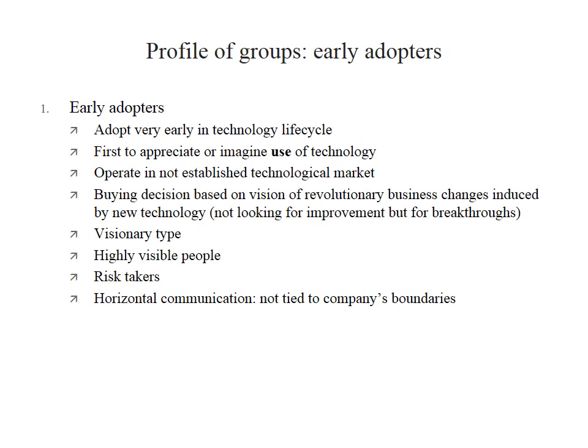The buying decision is based on a promise of a radical change that the new technology will enable. The early adopters are called visionaries, and Steve Jobs has represented again the paradigm of this type of people. Contrary to the innovators, they tend to be highly visible.